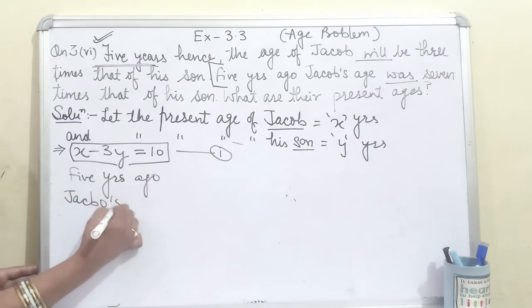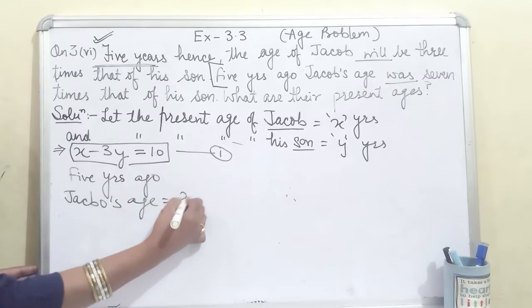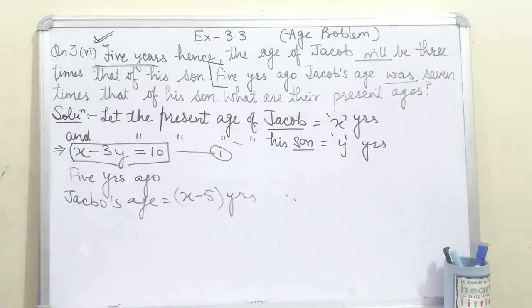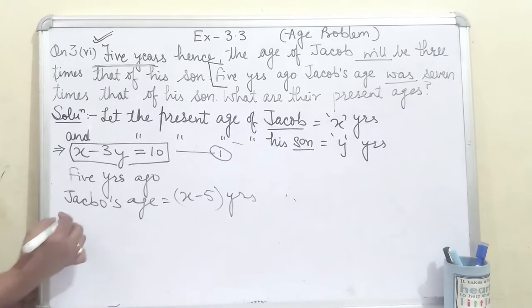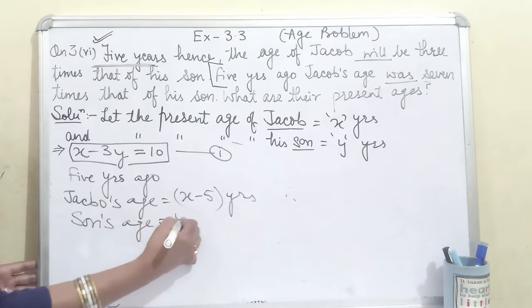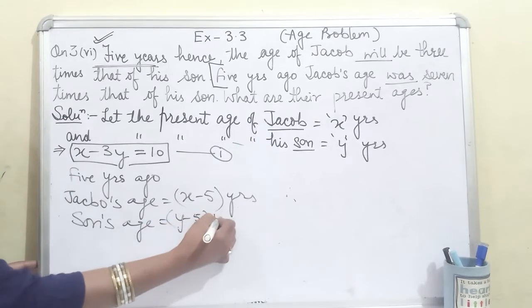Tell me fast. X minus 5. Very good. And similarly, what was the age of his son at that time? Y minus 5 years.